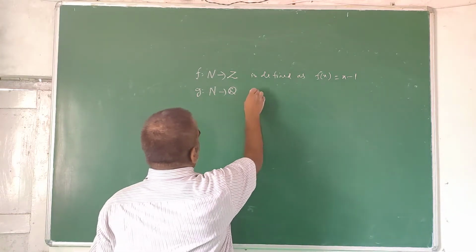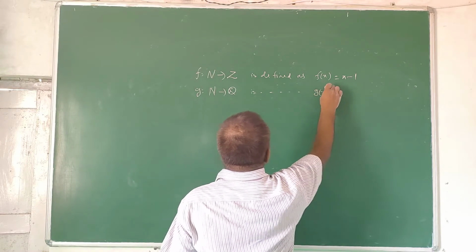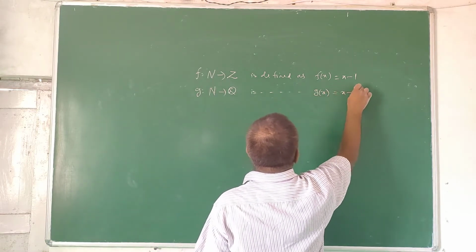Another function g from N to Q is defined as g of x is equal to x minus 1.